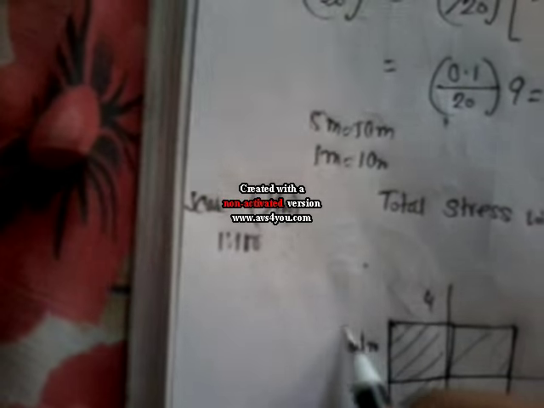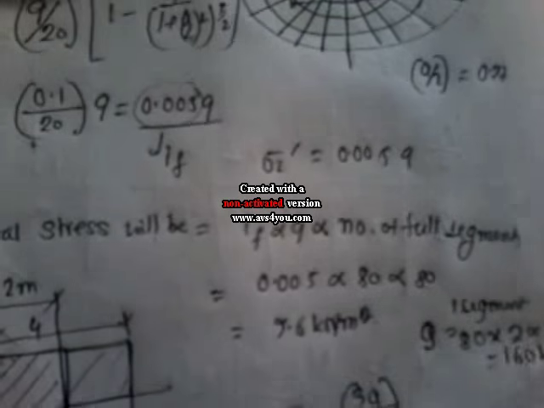So 80 into 2 by 1. This is 1 meter, this is 2 meter, and the whole is 4 meter by 2 meter. So 2 into 1 into 80 gives 160 kilonewton.